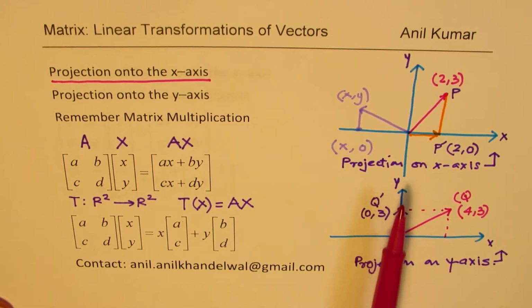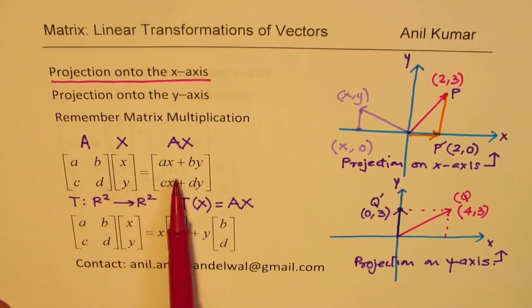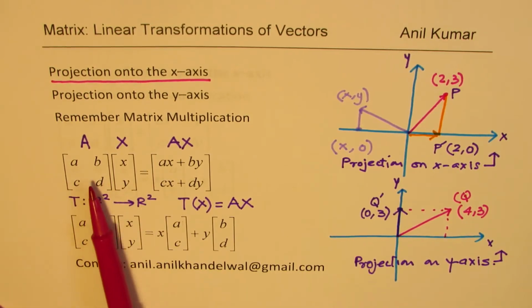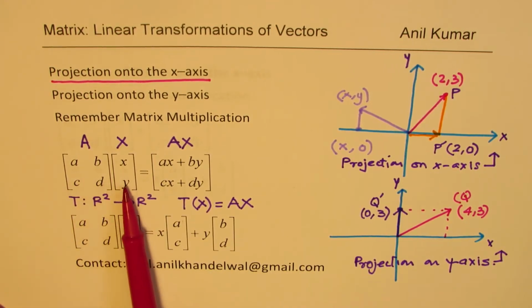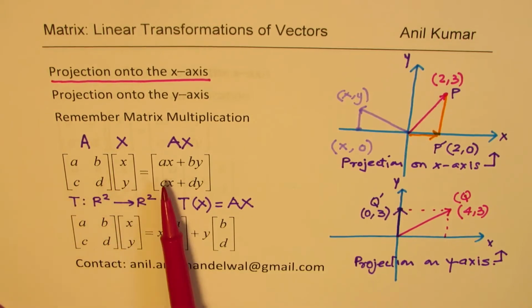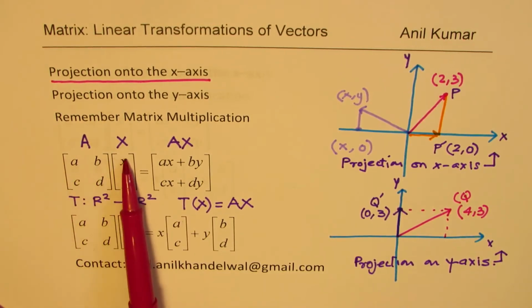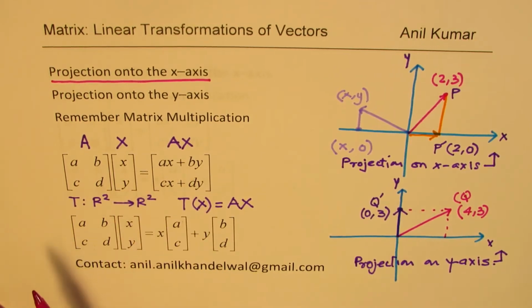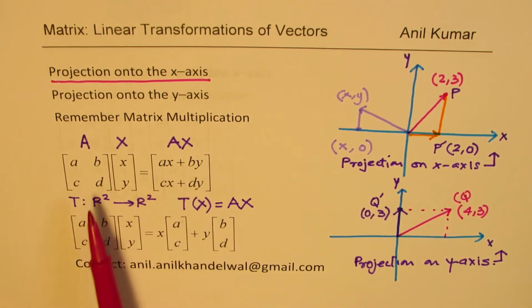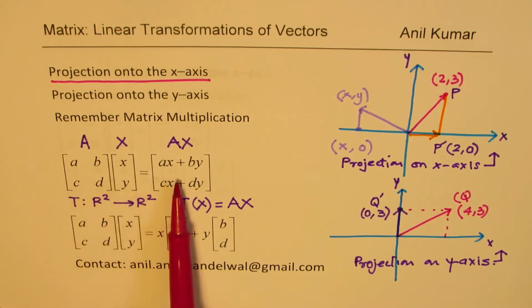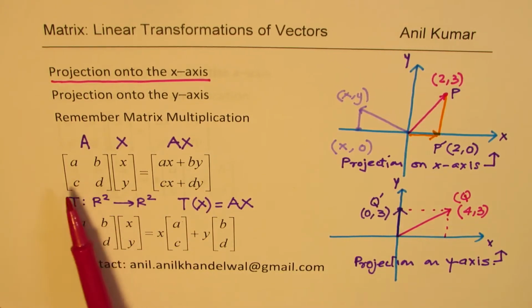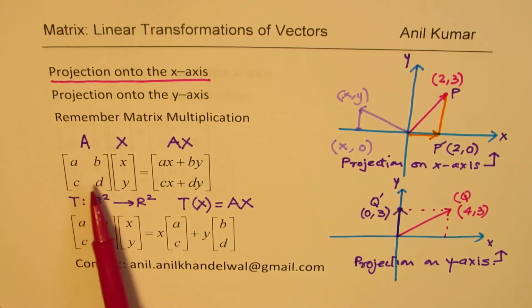What you really need to remember is this simple multiplication: a 2 by 2 matrix times a 2 by 1 matrix, (x, y), will be ax plus by as your first row, and the second row is cx plus dy, right? This is what you get.